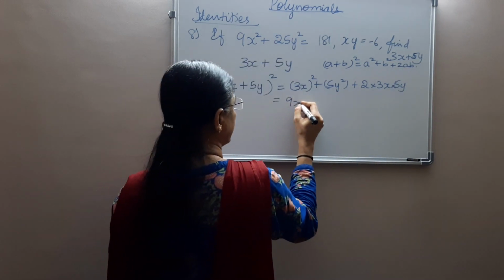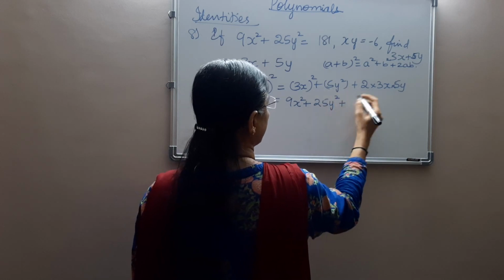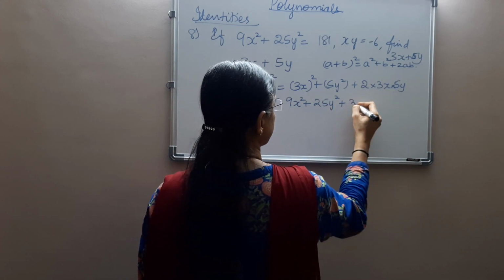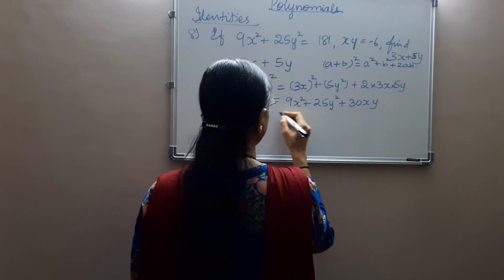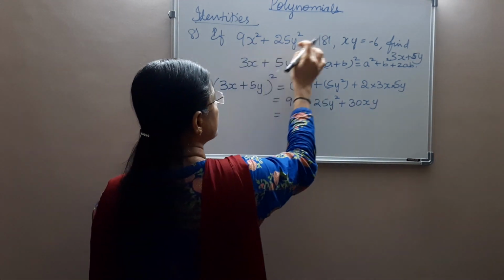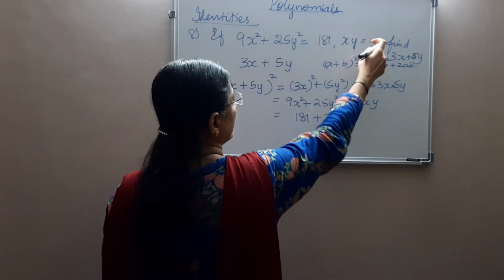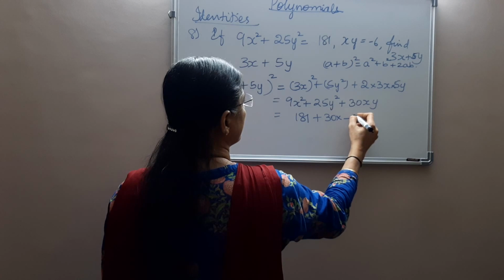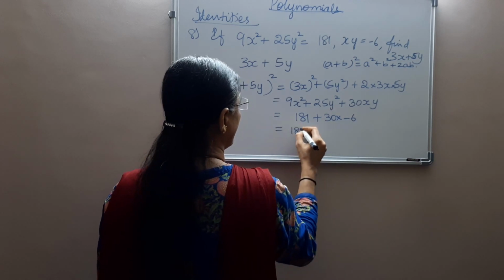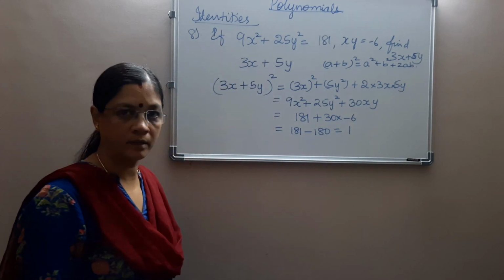So we get 9x squared plus 25y squared plus 2 3s are 6, 6 5s are 30xy. Now all the details are given for you, isn't it? Just 9x squared plus 25y squared is 181 plus 30 into what? xy is also given as minus 6. So we have 181 minus 180, that becomes 1 here.